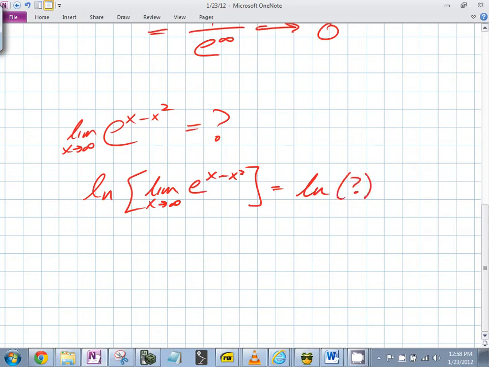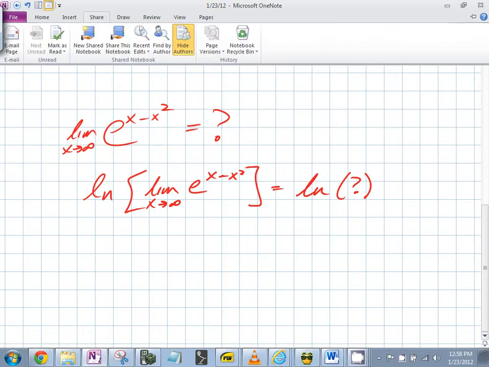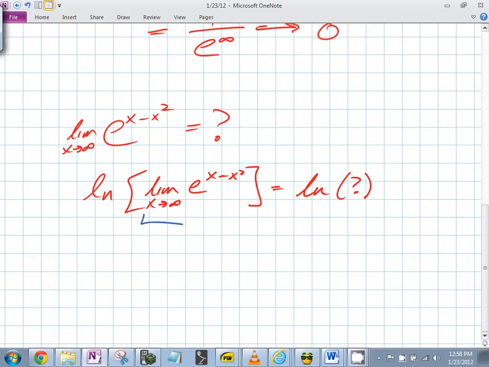And the reason we do this is, what's the cool thing you can do with exponents inside logarithms? You can bring them to the front, exactly. And you can massage this a little bit. This is not a trivial thing, but you are allowed to do this. You could take this limit and switch the order here. So you can rewrite this as the limit as x goes to infinity of the natural log of e to the x minus x squared, which is equal to ln of question mark.